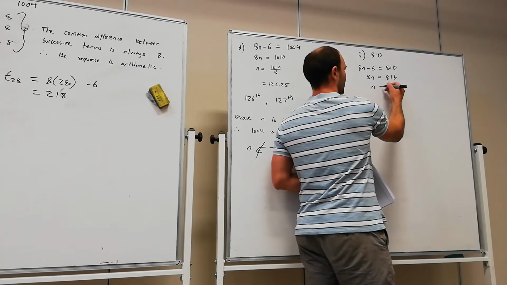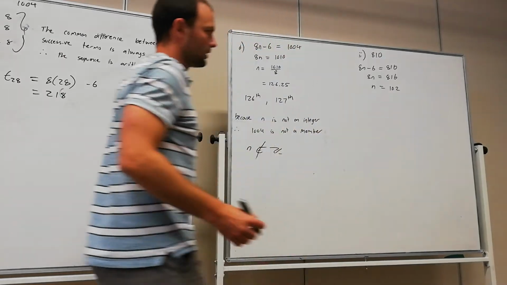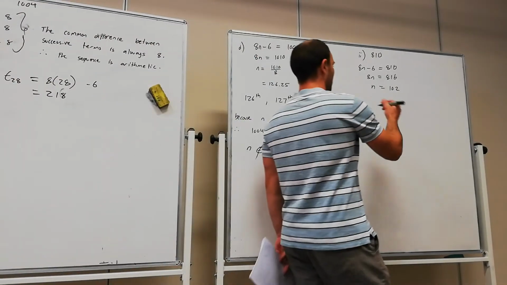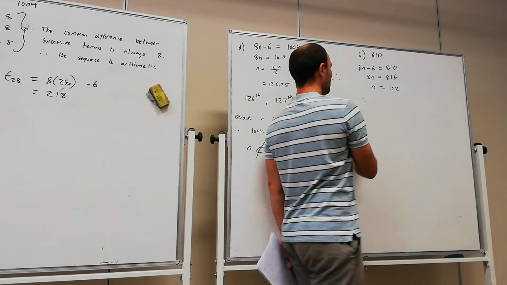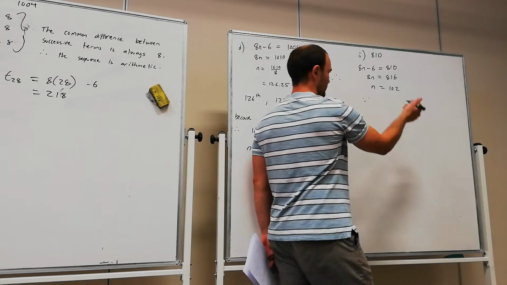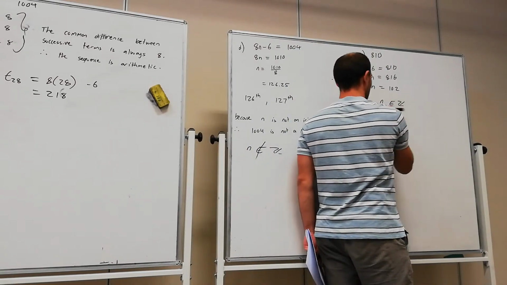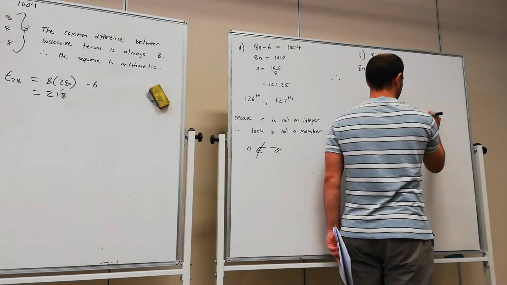And divide both sides by 8. 102. This is a whole number. So because n is an integer, therefore 810 is a member of this sequence.